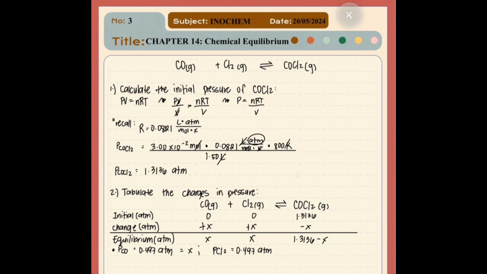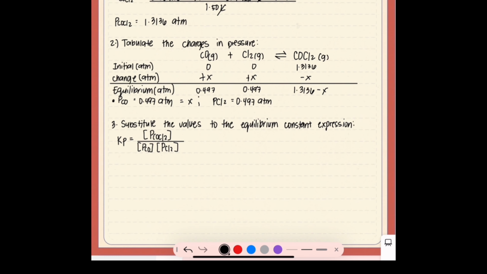Therefore, also making the pressure of chlorine gas equal to 0.497. We just need to replace all the X with 0.497. Lastly, we just need to substitute the values to the equilibrium constant expression. Kp equals pressure of COCl2 over pressure of CO times pressure of Cl2.